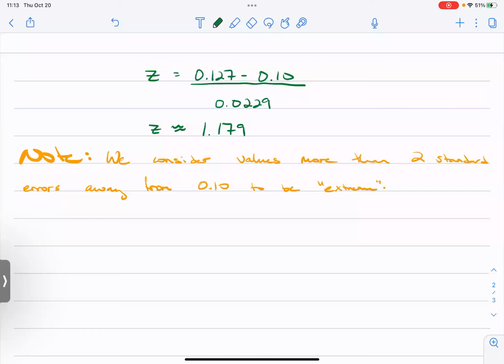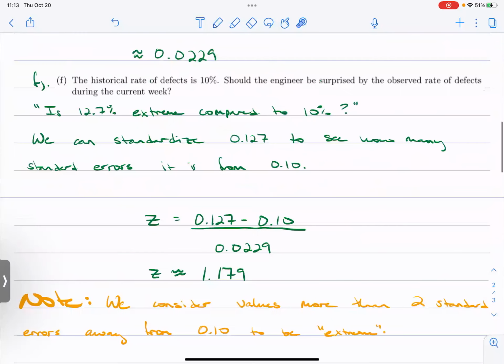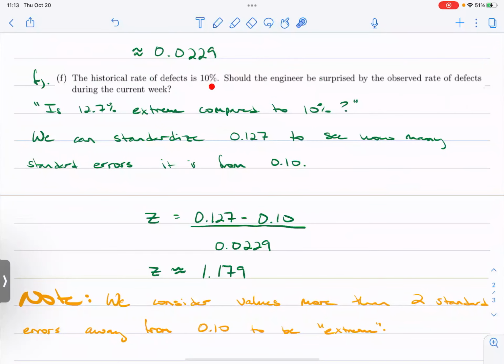But now, since 0.127, or really we might talk about percentages because the initial question was in terms of 10%, should the engineer be surprised by the observed rate of defects? No, because it's within 2 standard errors of 10%.